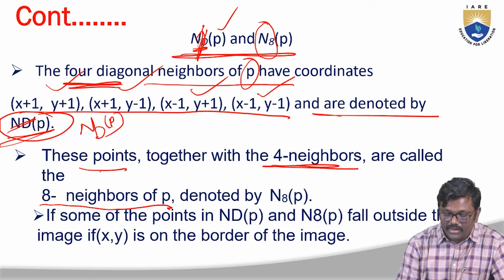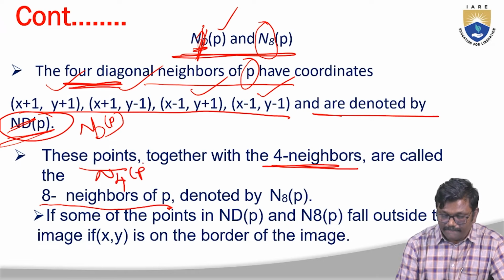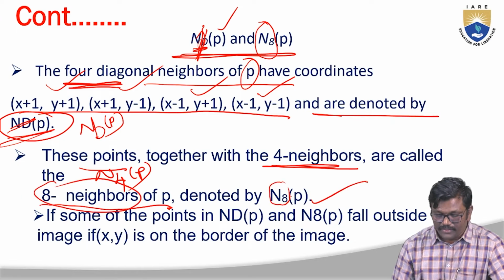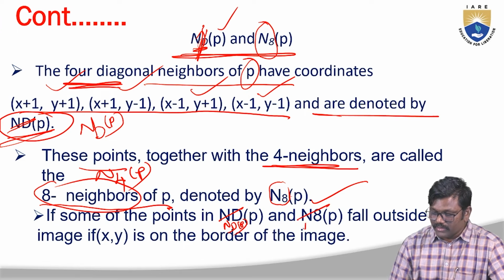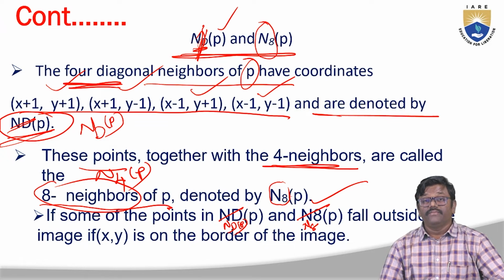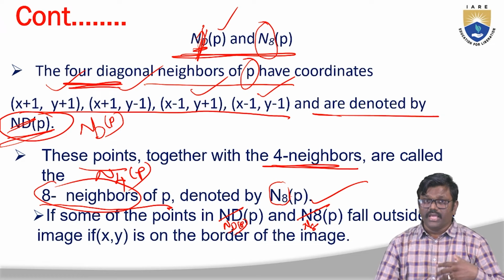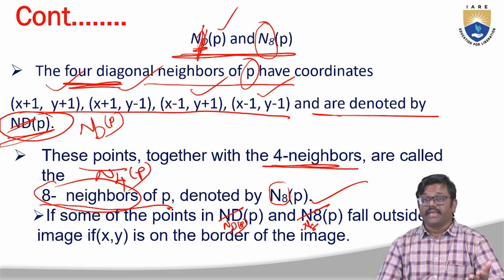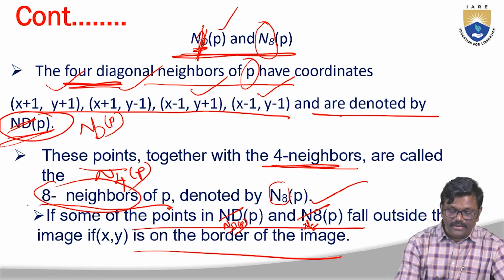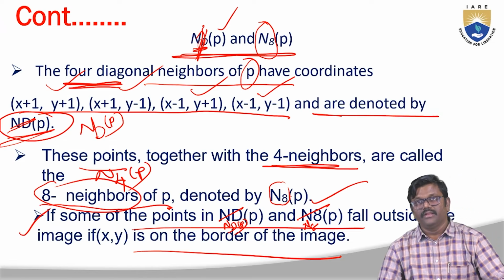We call the 4 neighbors N suffix 4 of P. If 8 neighbors, we call it N suffix 8 of P. So some of the points in N suffix D of P, and also N suffix 8, are outside the image if x comma y is on the border of the image. We are going to discuss this point in detail with a certain application later on.